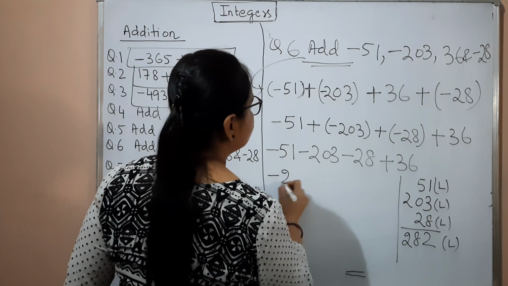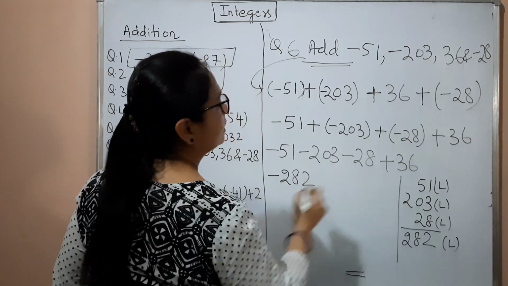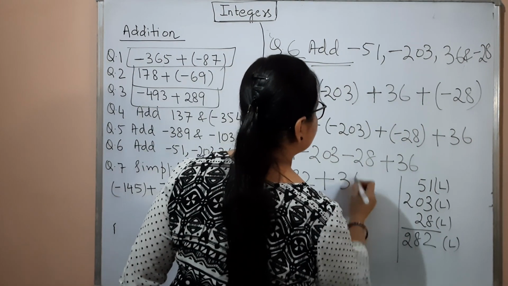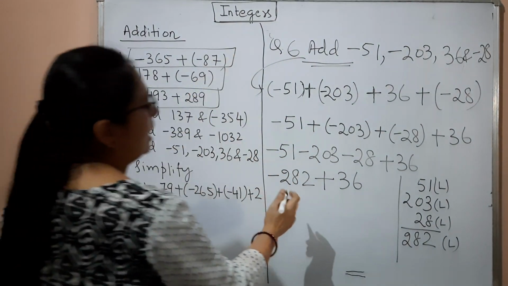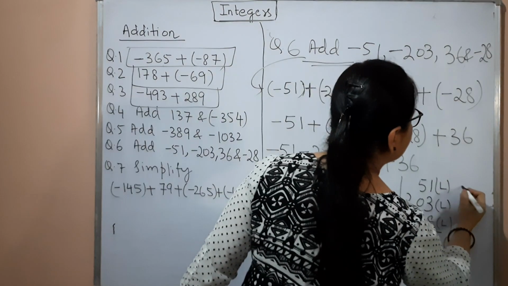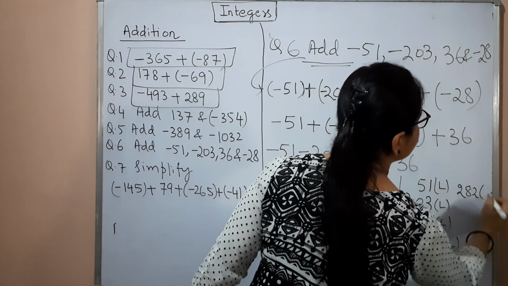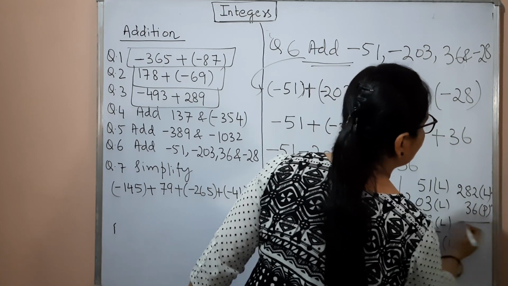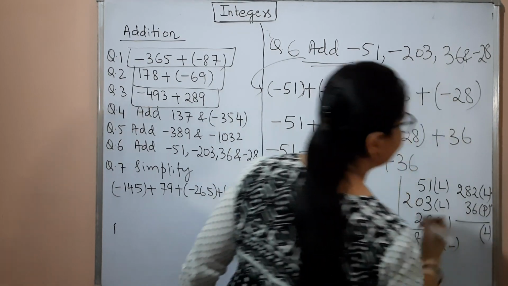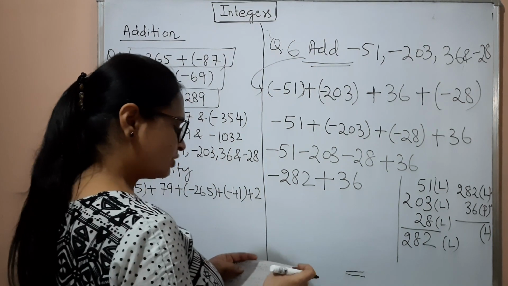So minus 282 is the total loss plus 36. Now we have come to this kind of question. अब यहाँ पर 282 is the loss and 36 is the profit. So overall we know it is going to be a loss. So how much loss it is?